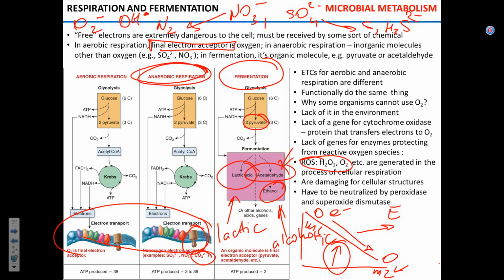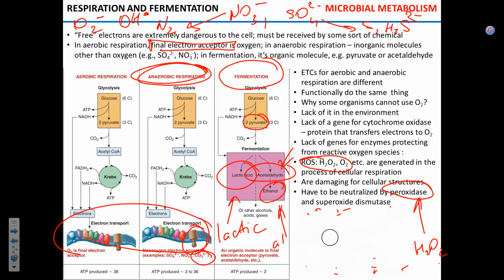And the enzymes like peroxidase that neutralizes hydrogen peroxide, or superoxide dismutase that neutralizes superoxide anion, when they are present, the microbe can deal with oxygen. If they are absent, those reactive oxygen species will kill the microbe.